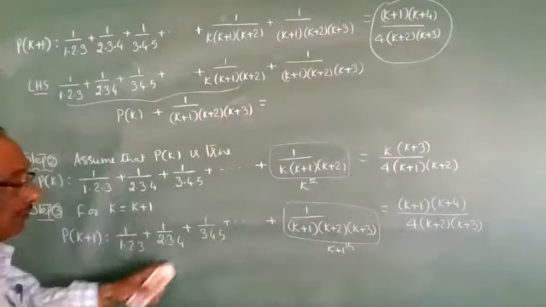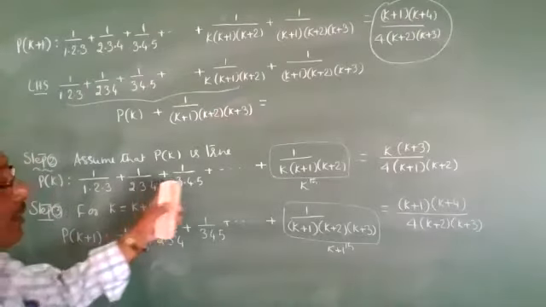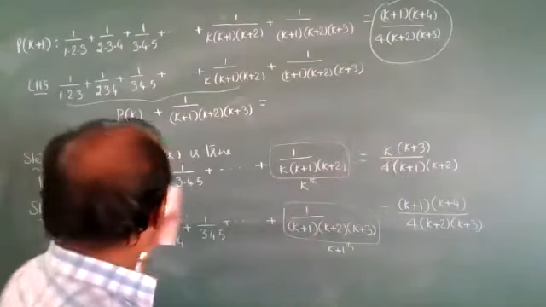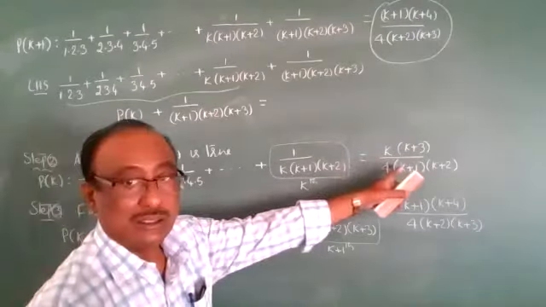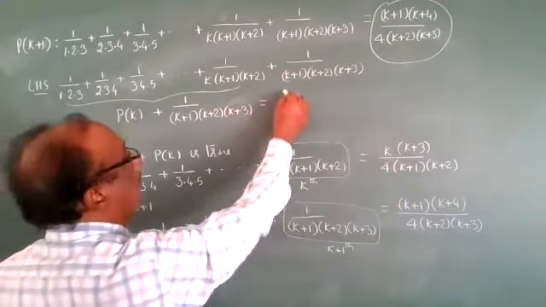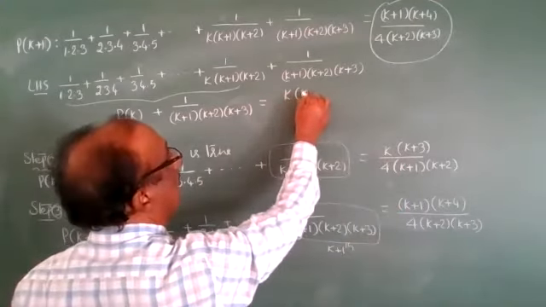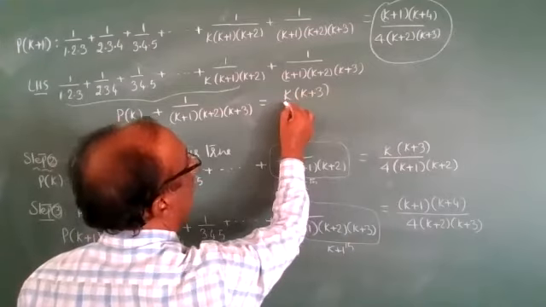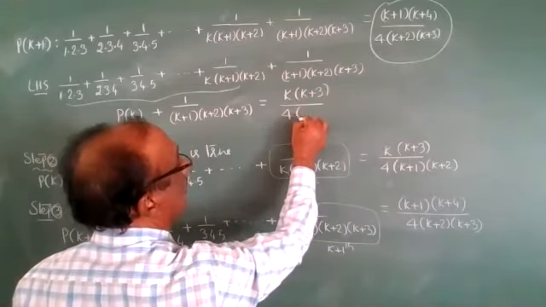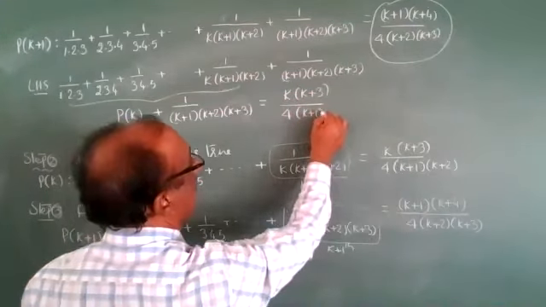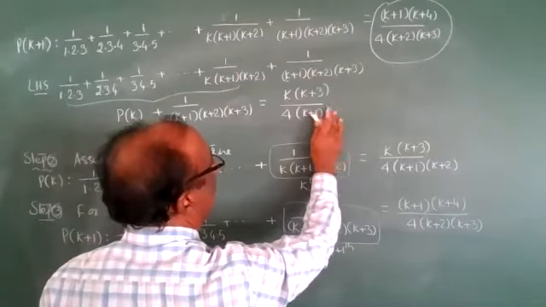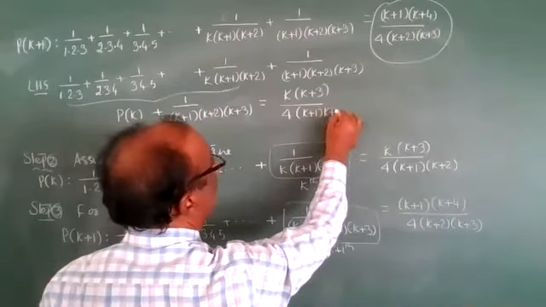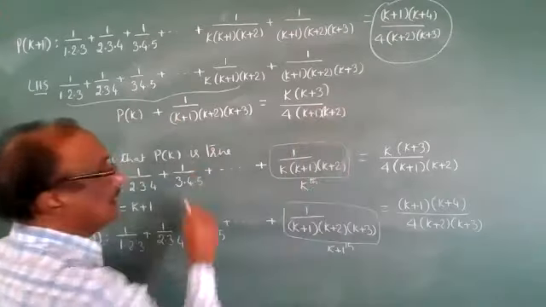P of k value is already on the board. P of k value is k into k plus 3 upon 4 times k plus 1, k plus 2. This is up to the kth term.